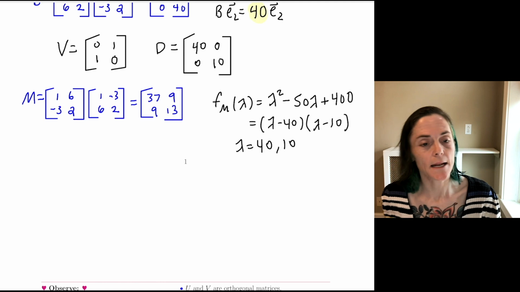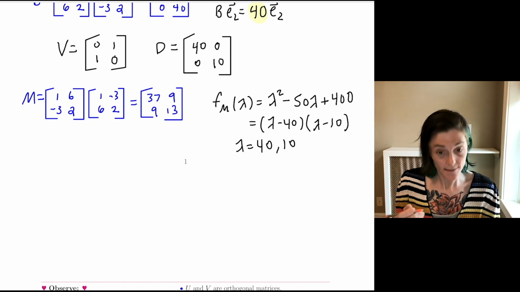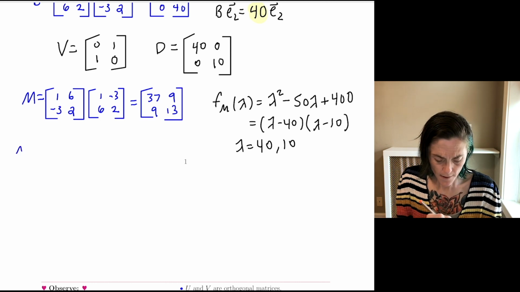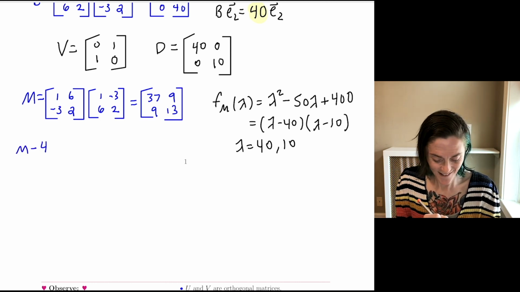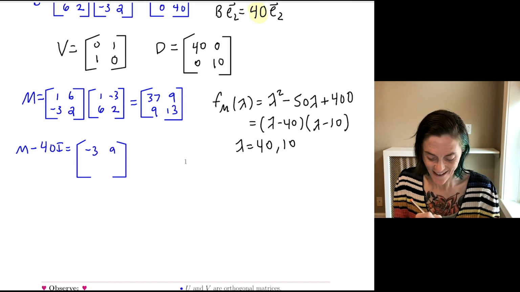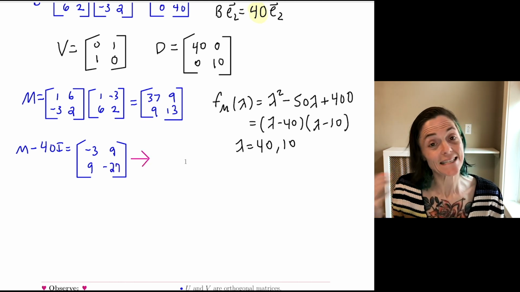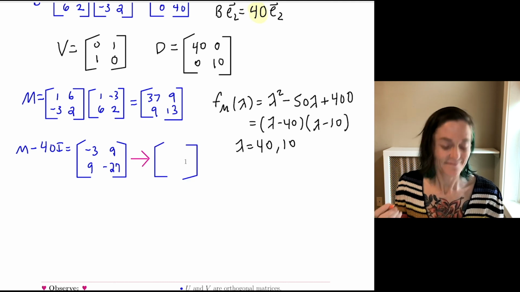Well, let's calculate a basis for each eigenspace, and we can orthogonally diagonalize this matrix. So let's take M minus 40I. Here I have minus 3, 9, 9, minus 27. And we can just see a reduced row echelon form.